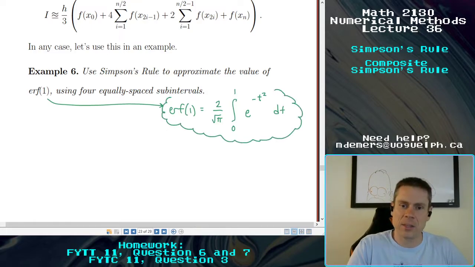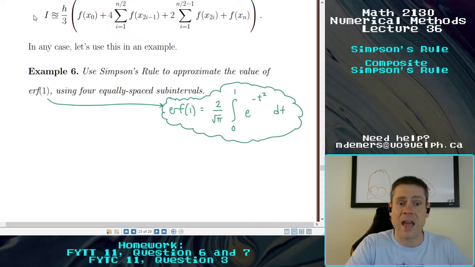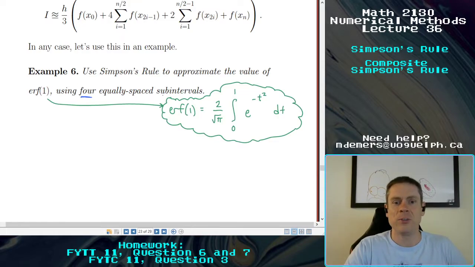Let's look at the problem to make sure that Simpson's rule can be applied. Hint, it can be, because we have 4, an even number of equally spaced subintervals.